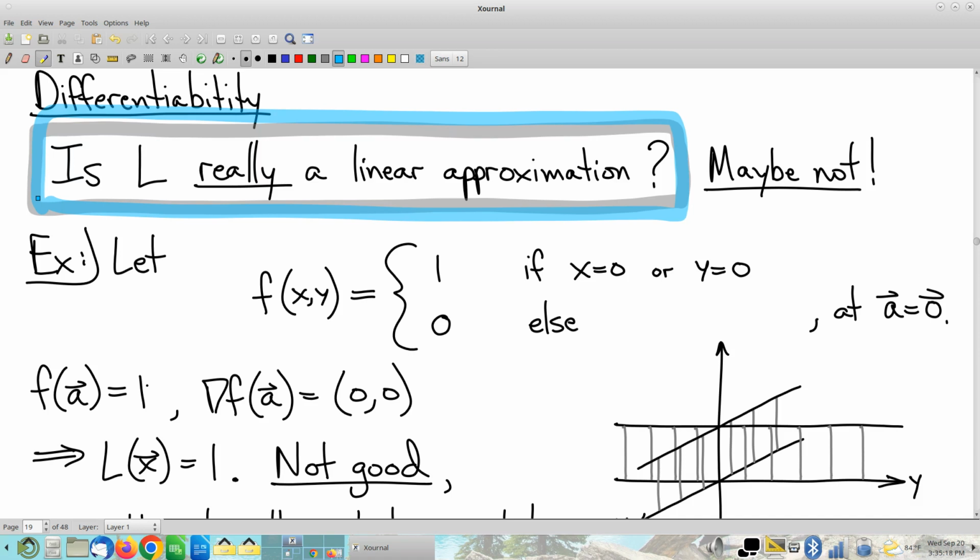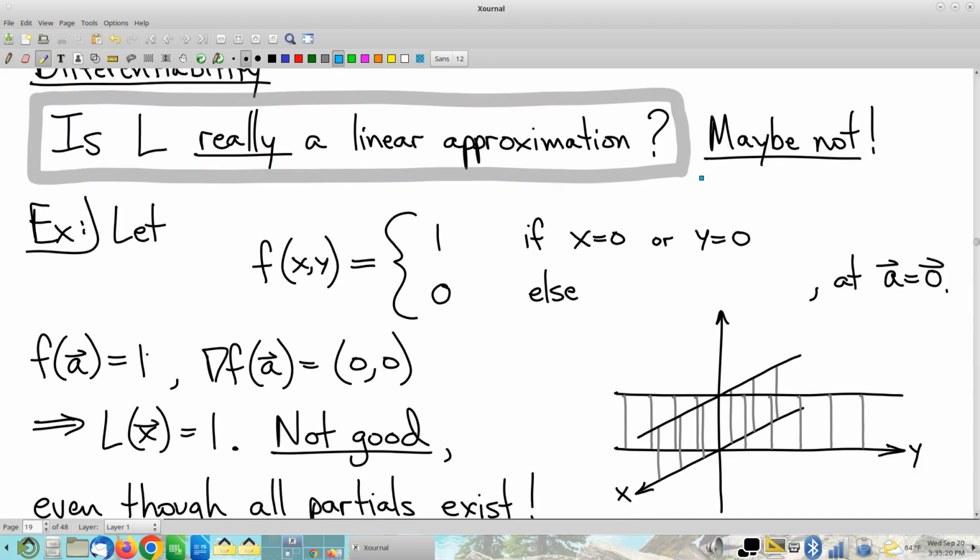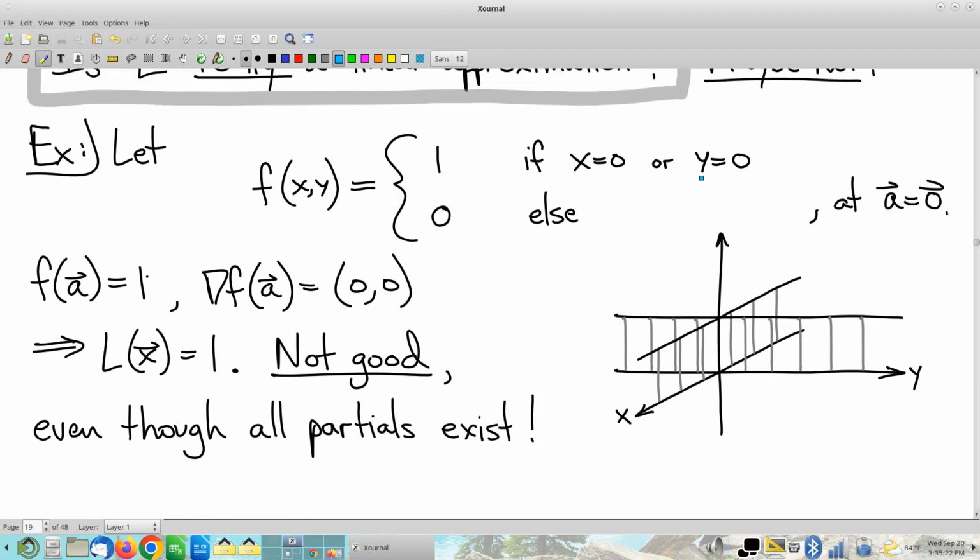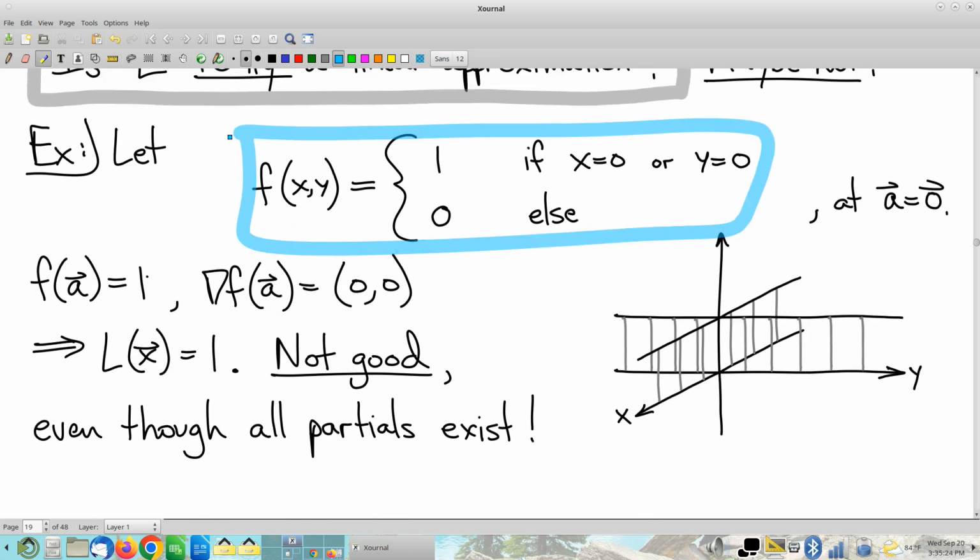So, for example, let's think about this function right here. That's a weird function, granted. The value of the function is 1 when you're above the y-axis or the x-axis, like so. The value of the function is 0 everywhere else.